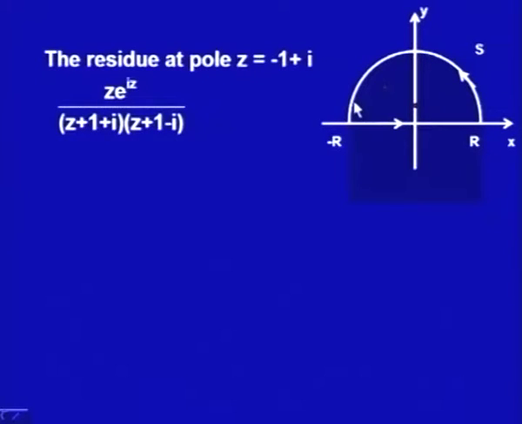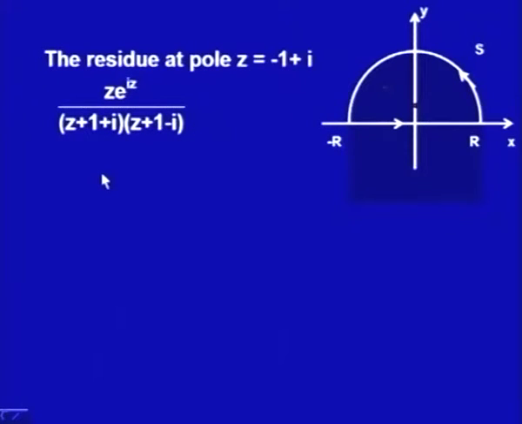So, let us see what my function is. My function is z e to the power iz upon (z plus 1 plus i) into (z plus 1 minus i). First, we are going to calculate the residue at the pole minus 1 plus i.